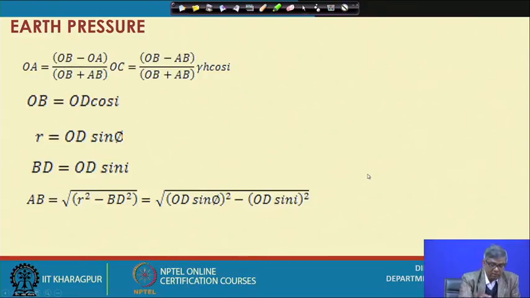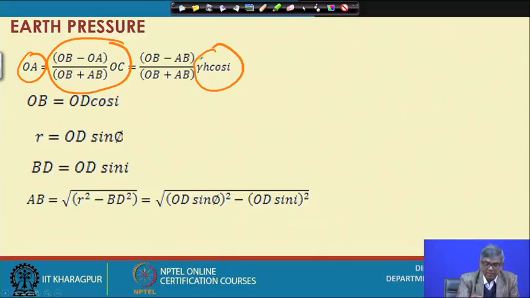You can see if I look back to that diagram, we can express OA by this geometrically, and OC is nothing but gamma h cos i. OC is actually the vertical stress at that point, gamma h cos i.